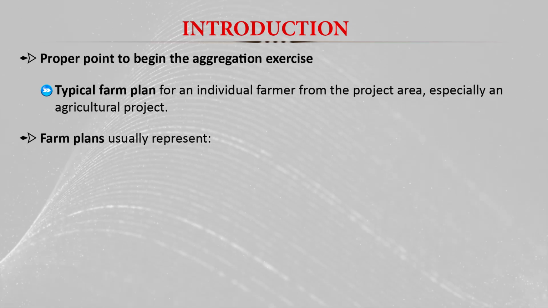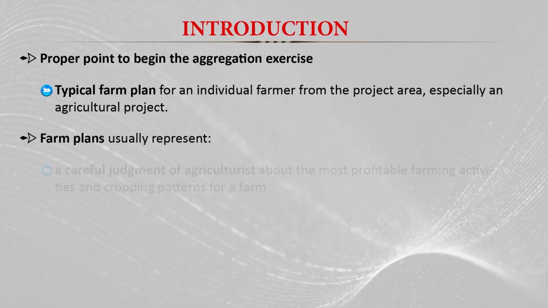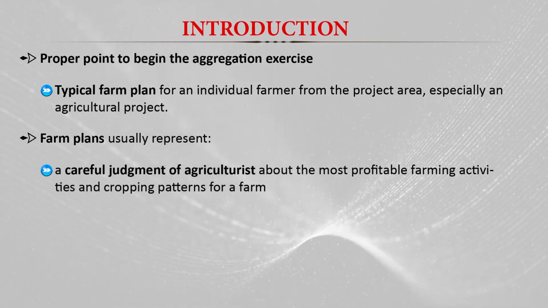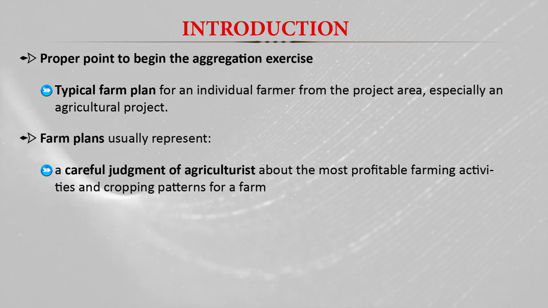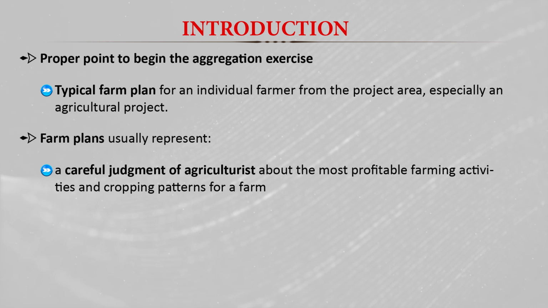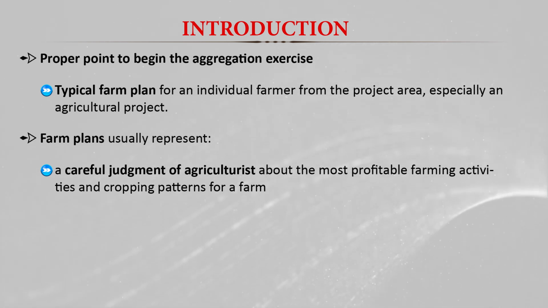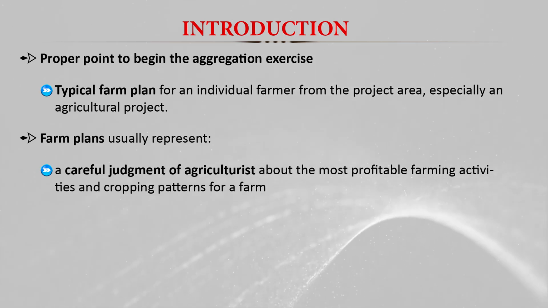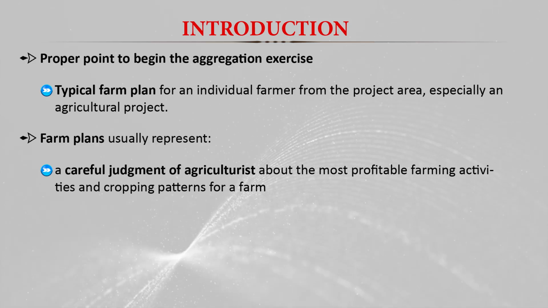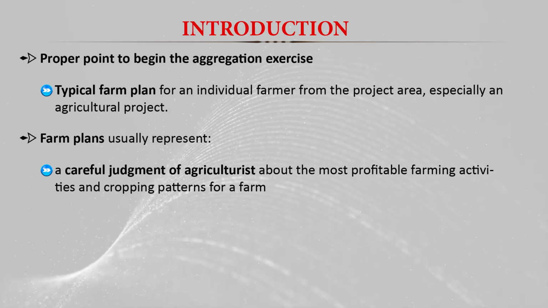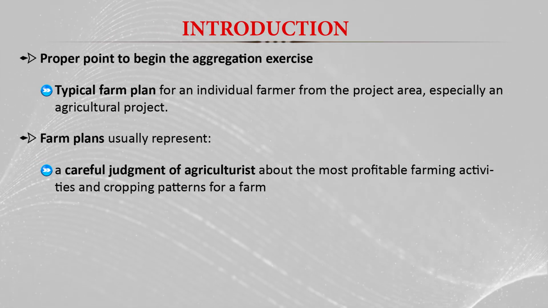In the case of an agriculture project, it represents a careful judgment of the agriculturist, or the farmer, about the most profitable farming activities and cropping pattern. So the farm plan is basically a judgment of the farmers: which activity he should undertake, which type of crop he should undertake.